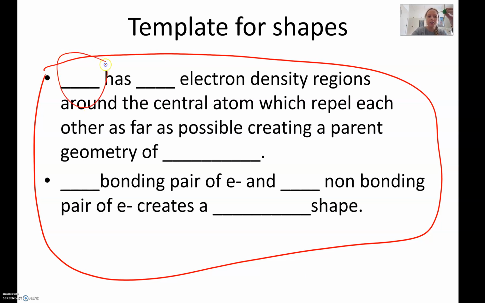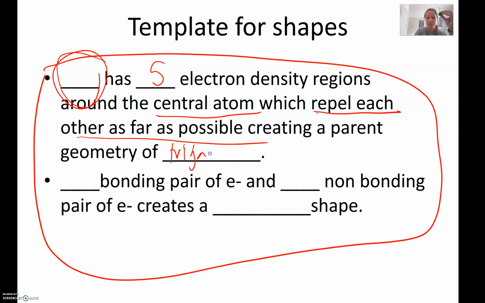So whatever the shape is has 5 electron density regions around the central atom, and you should specify what that is. These repel each other as far as possible, creating a parent geometry of trigonal bipyramid.